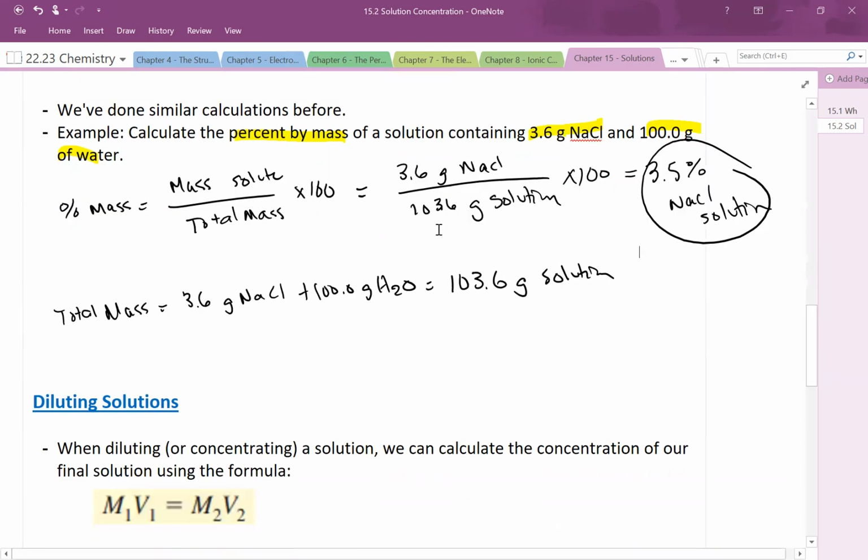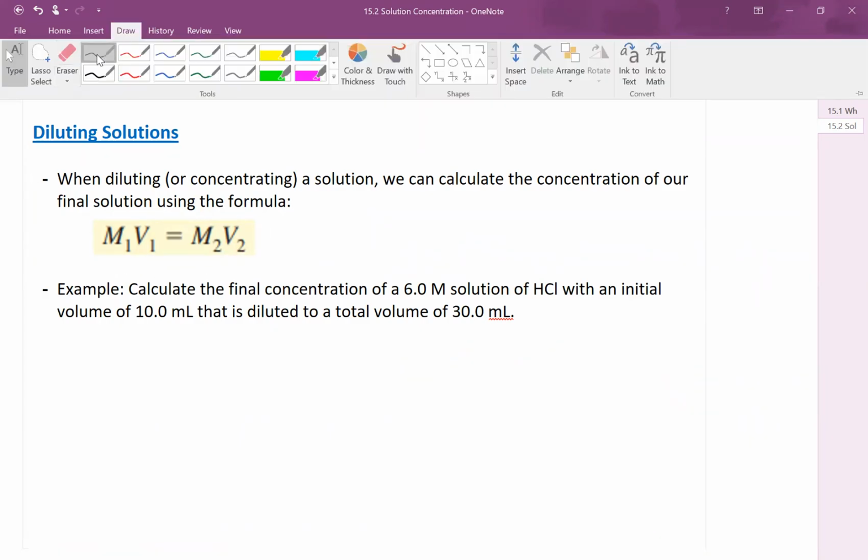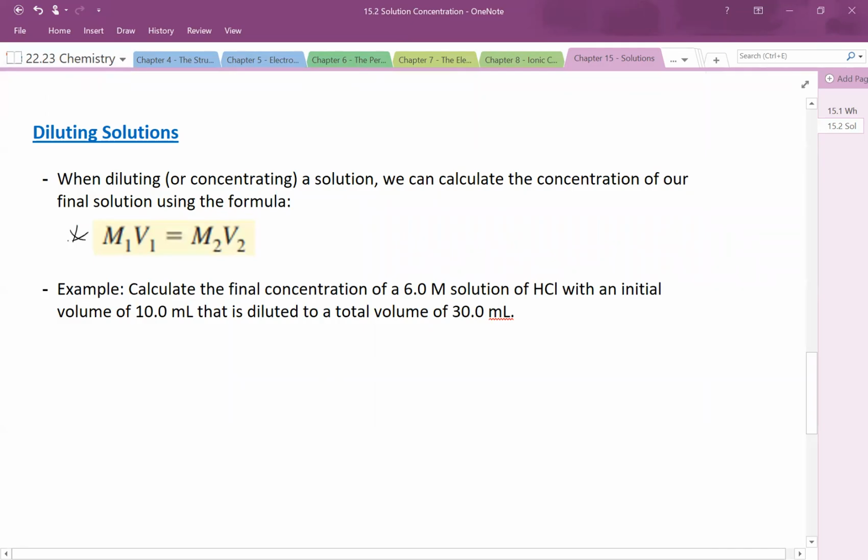Two more topics to discuss here. Diluting or concentrating solutions is something you would be asked to do very frequently as a chemist. When we dilute or concentrate a solution, we can calculate our final concentration using this formula here. And this is very applicable to labs and very important, so I'm going to put a star by it.